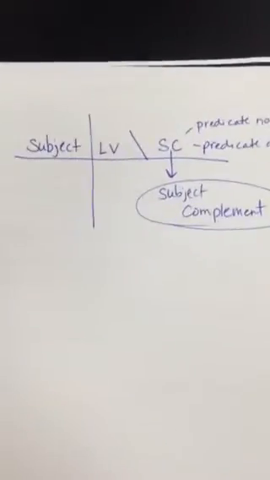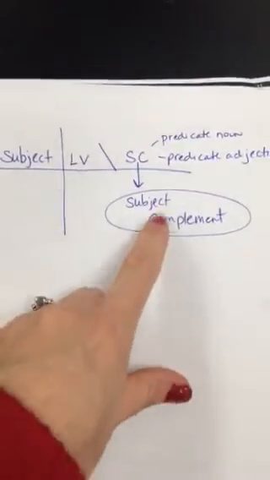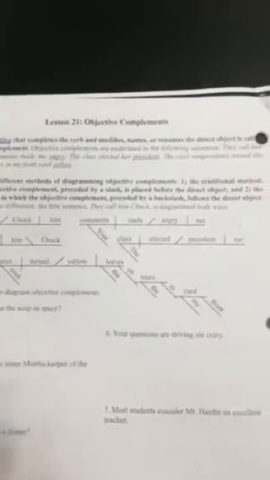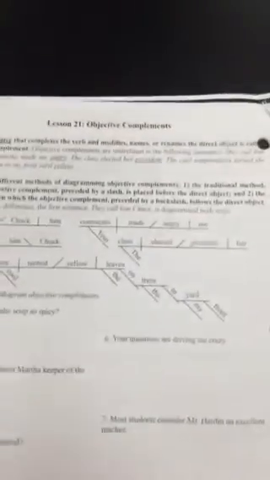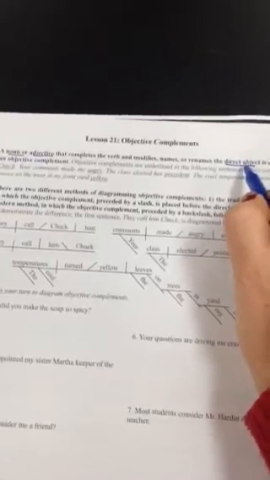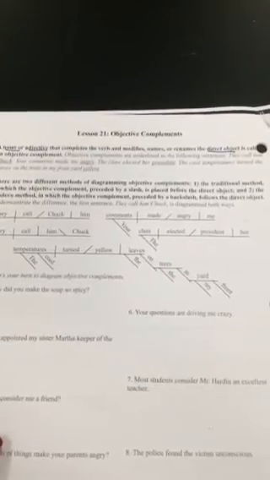Just like a subject complement is a noun or adjective that renames the subject, this is a noun or adjective that completes a verb and modifies or renames the direct object. So just like a subject can have a complement, a direct object can have a complement in the exact same way.